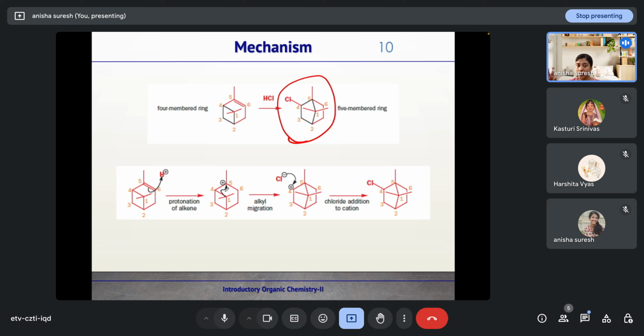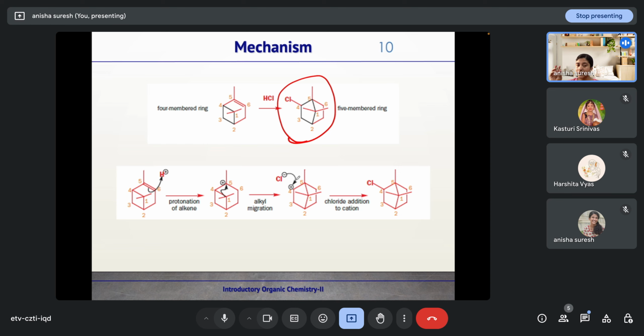Now an alkyl migration will be taking place. This 1,4 bond will be breaking and the 1,5 bond will be forming. So an alkyl migration will take place and a secondary carbocation will form. First we have a tertiary carbocation and it is getting converted into a secondary carbocation, which is less stable. But the major driving force is that the congested, strained four-membered ring is converting into a five-membered ring, which is much more stable.